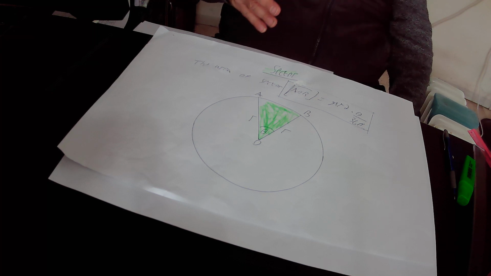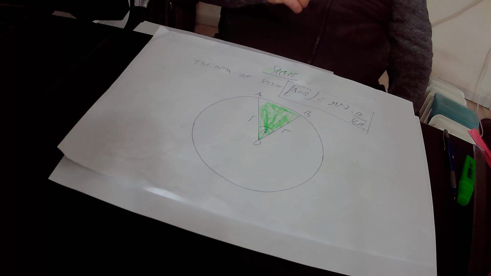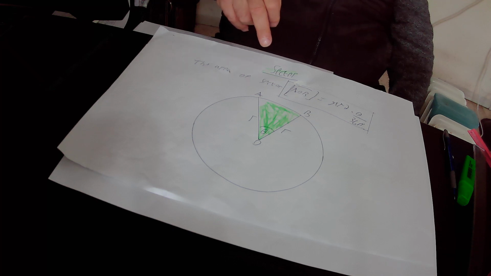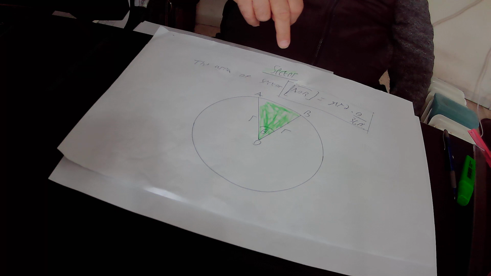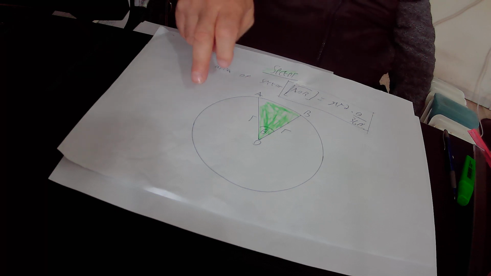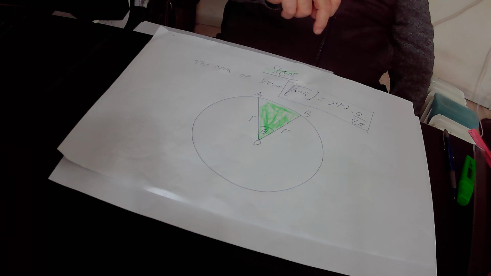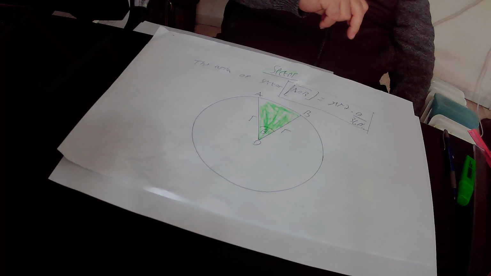You can look at a sector as a slice of a pizza or a slice of a cake. The area of this sector AOB equals the area of the circle that contains the sector, pi r squared, times the angle between the legs, theta, over 360 degrees.